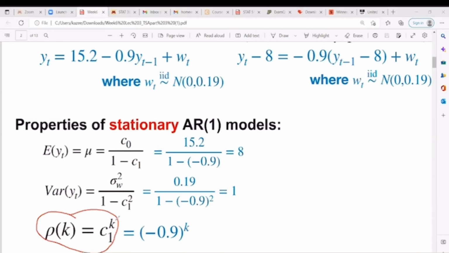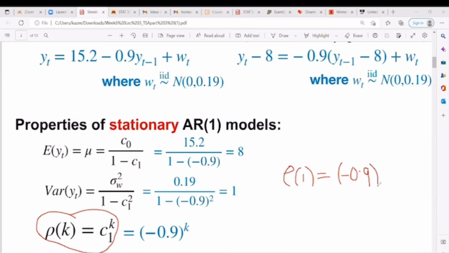For this model, where C1 is negative 0.9, I'm going to plug that in and raise it to power k. For instance, if I want to find the autocorrelation function at lag 1, where k equals 1, I'm just going to do minus 0.9.